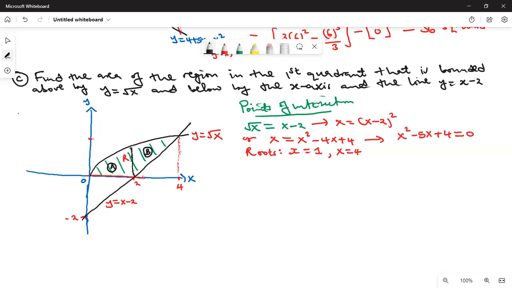Plus area B will be the integral of y is equals to root x from 2 to 4 minus the integral of y is equals to x minus 2 from 2 to 4. That's another option. So that area is area A plus area B. So we are saying the first option, method 1, we can write method 1.